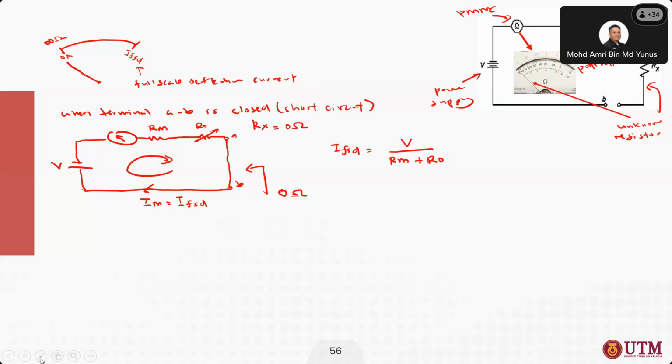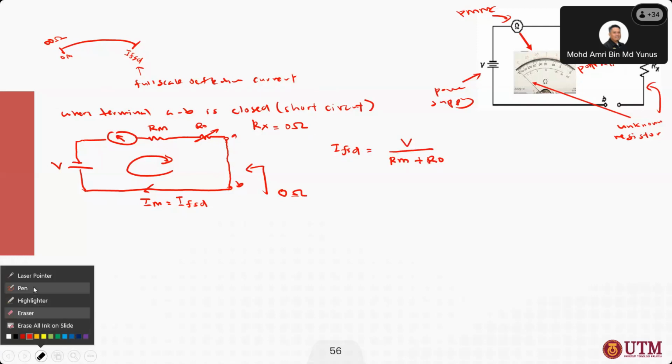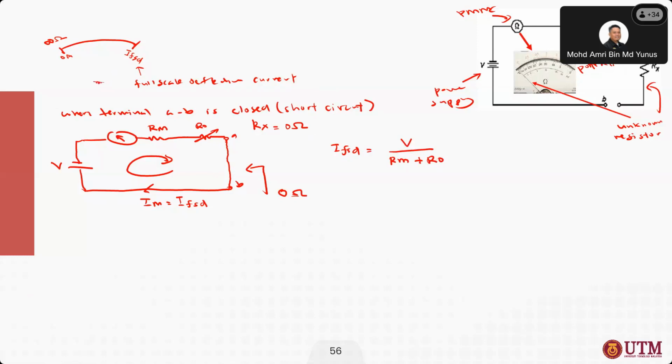So when short circuit, we will have full deflection of the pointer, and at this point the resistance between A and B is equivalent to 0 ohm, and IFSD is equivalent to V over Rm. So this is our useful equation number one.